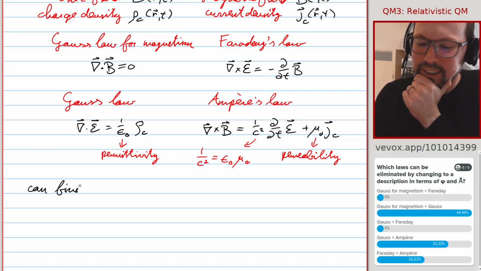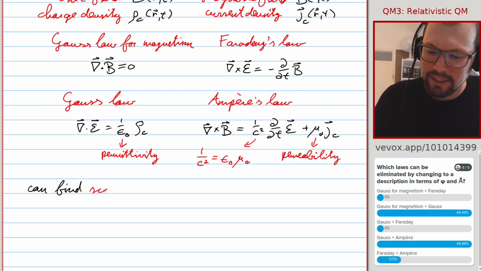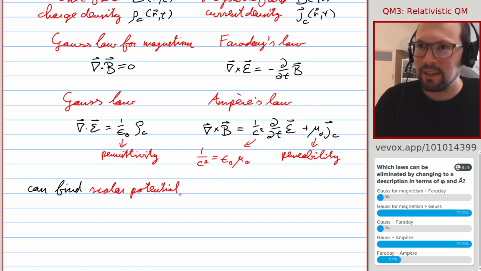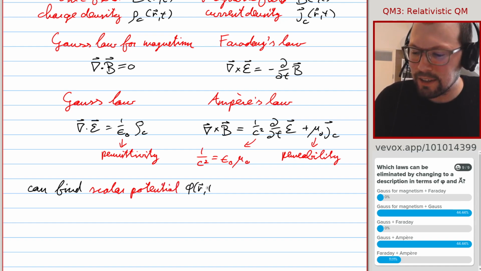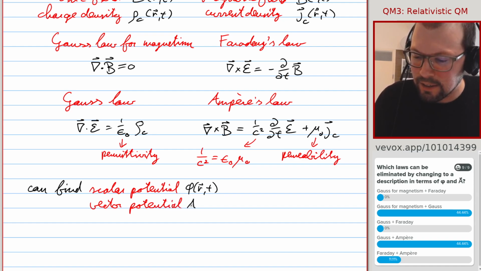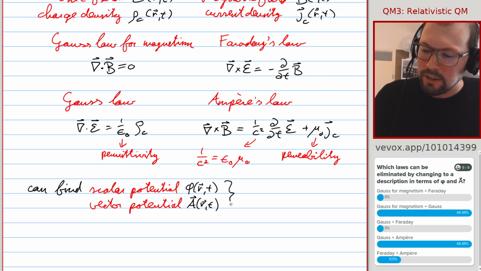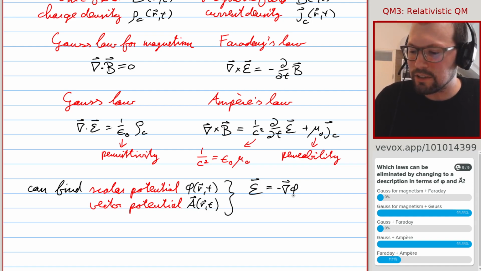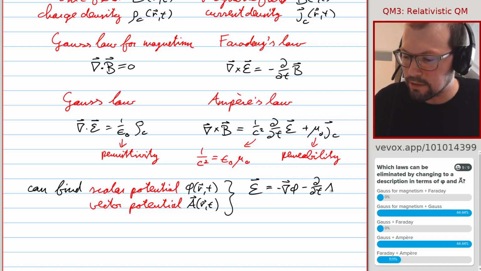So we can find the scalar potential phi and the vector potential A such that the electric field is given by minus the gradient of the scalar potential minus the time derivative of the vector potential.